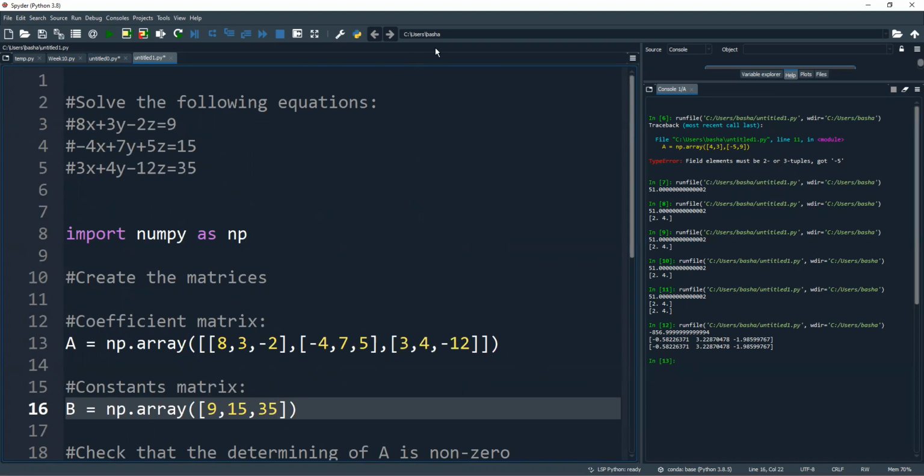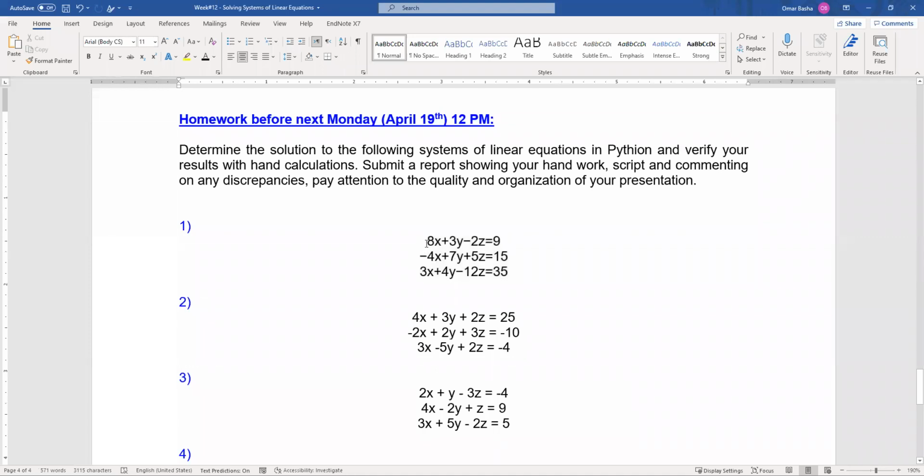So please do this for your homework. And again, if you forgot how to do it by hand, you do it through a process of elimination, okay? So just a quick reminder. You can start with the two top equations and eliminate one variable. Let's say I want to eliminate x. So I'm going to multiply the second row by -2, right?